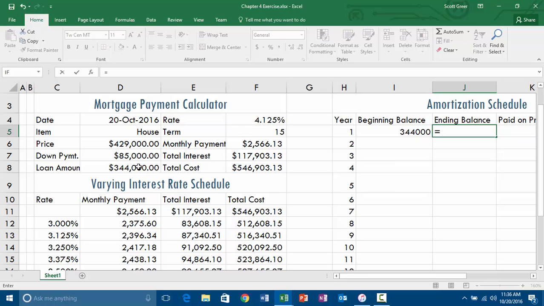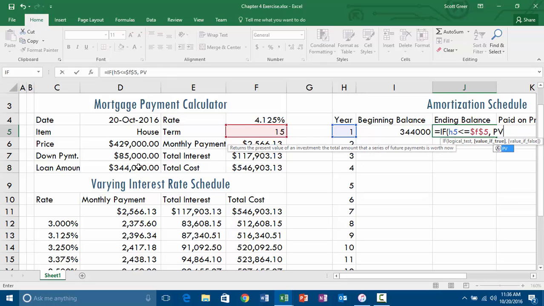Equals IF H5 is less than or equal to F5, absolute F, absolute 5, comma, present value. Remember I told you we're not going to have to know all the present value stuff, but we're going to use it today.